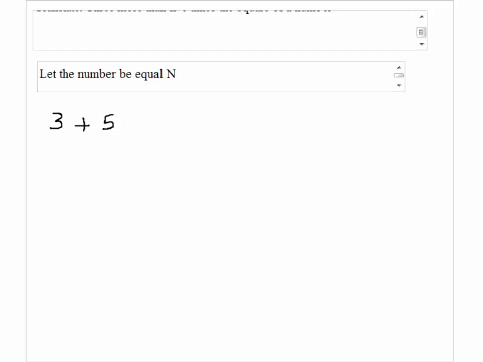If the number is n, the square of that would be n squared. So we translate it like that.